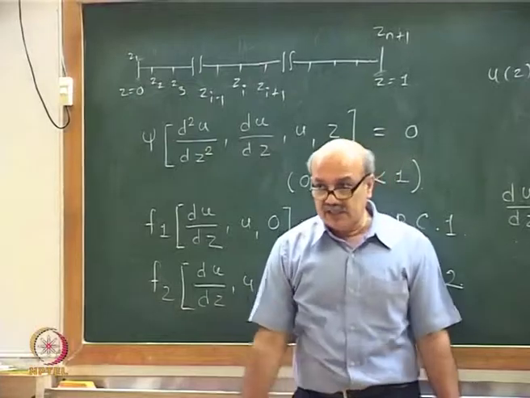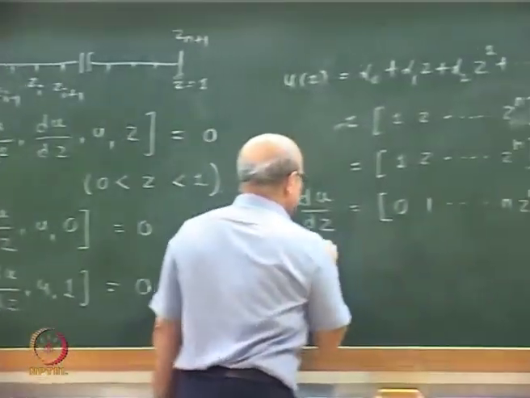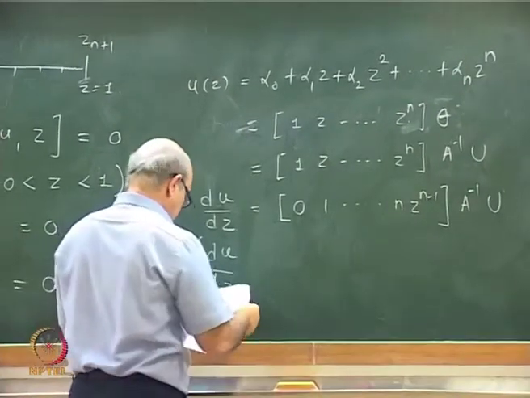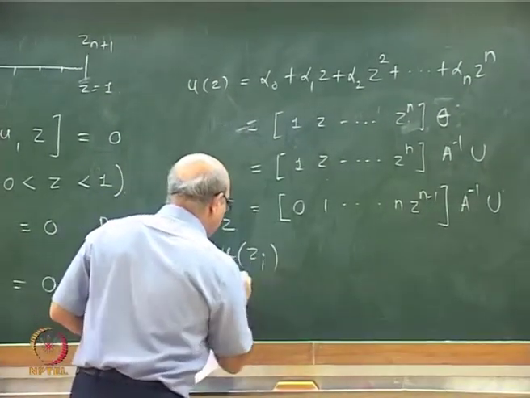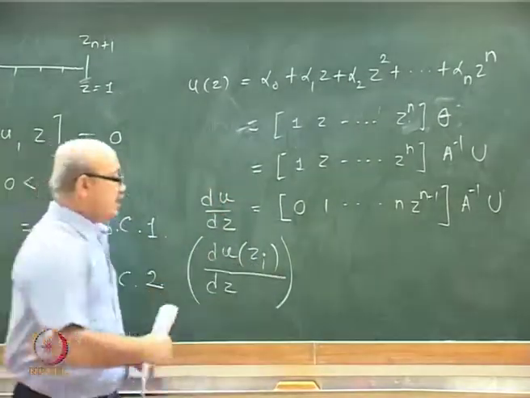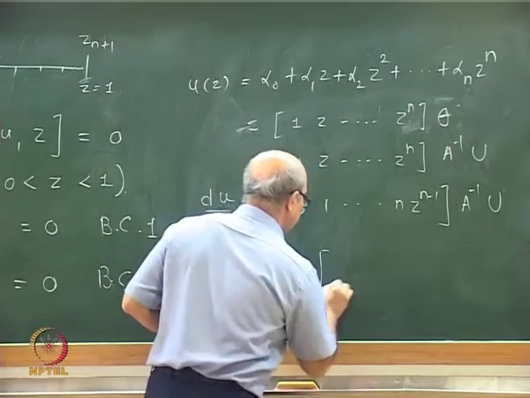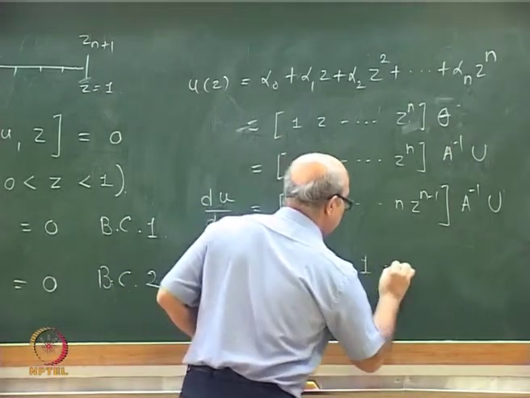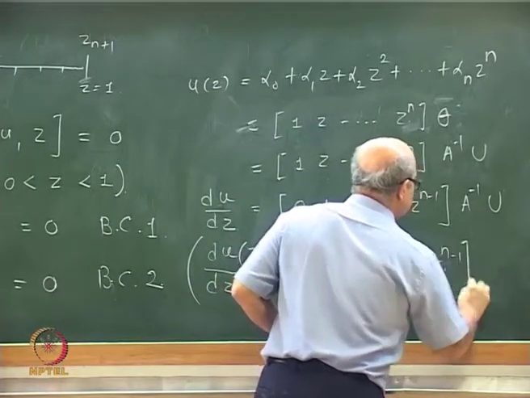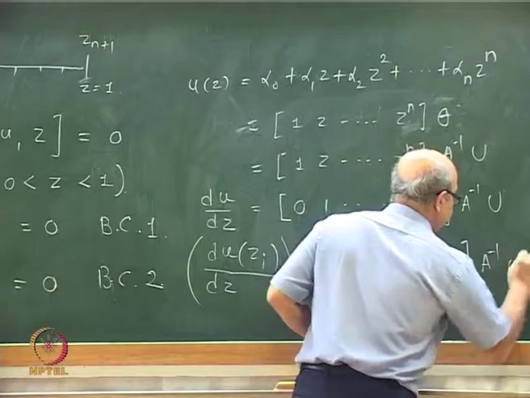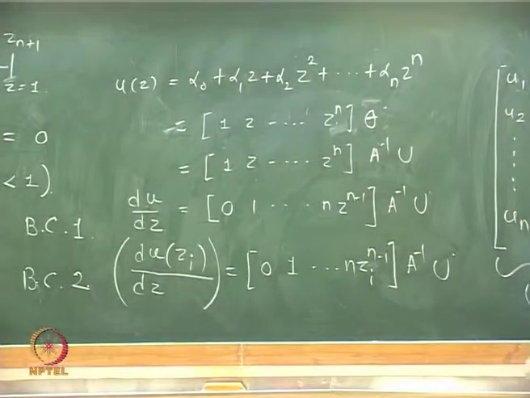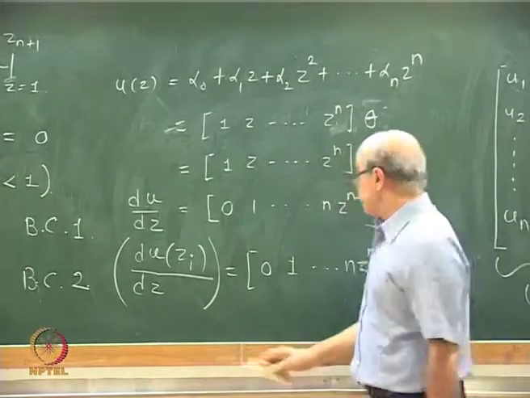So du by dz at z equal to zi is equal to 0, 1, up to n zi raised to n minus 1, times A inverse U. So this is the expression that we derived for the first derivative.